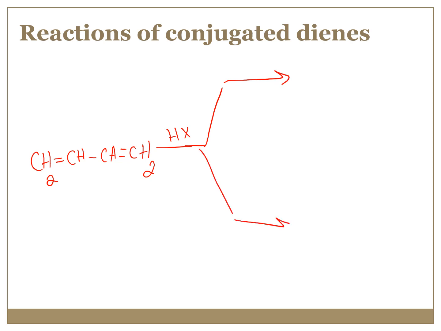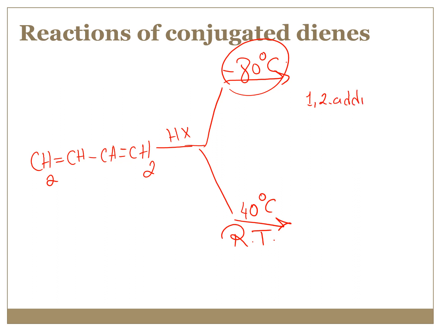You can either use freezing conditions, where you use temperatures below zero, around negative 80 degrees centigrade, or you use room temperature, around 40 degrees centigrade. When you perform this reaction at freezing conditions at negative 80, you get the 1,2 addition.